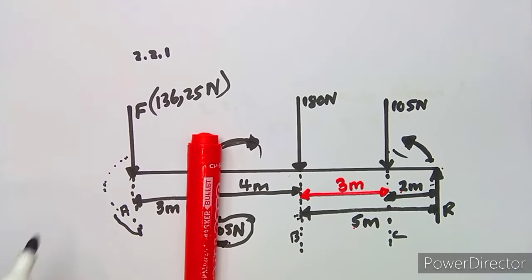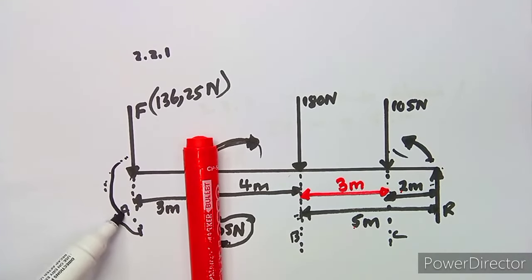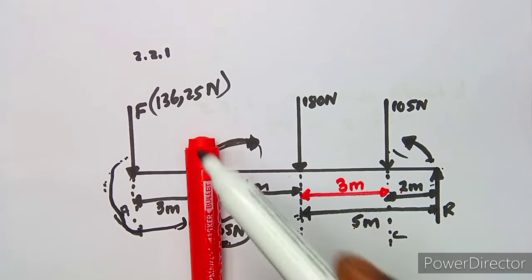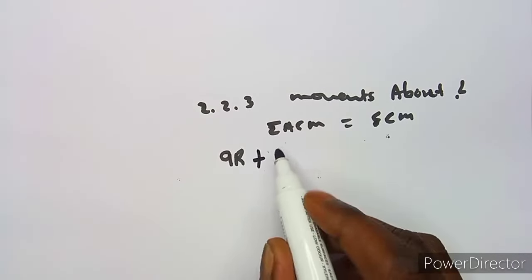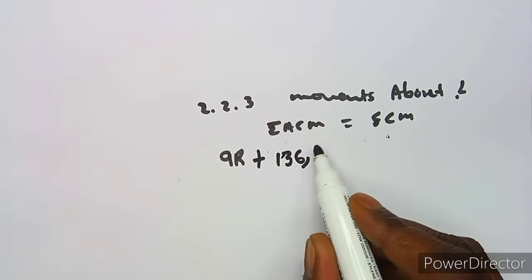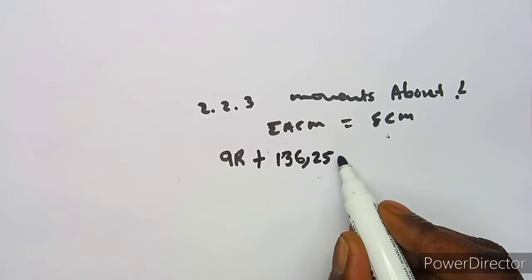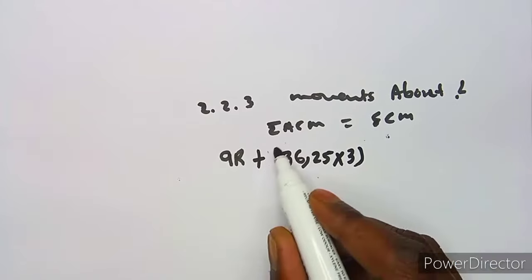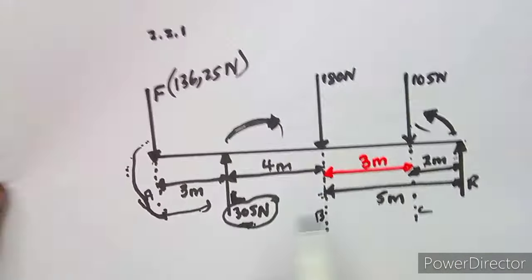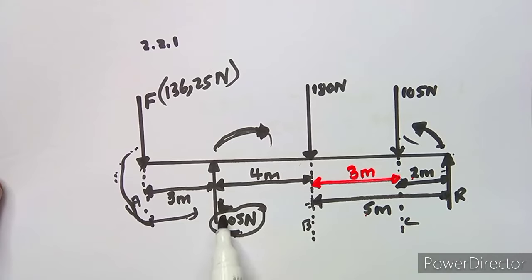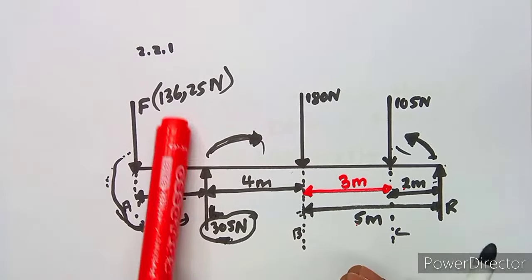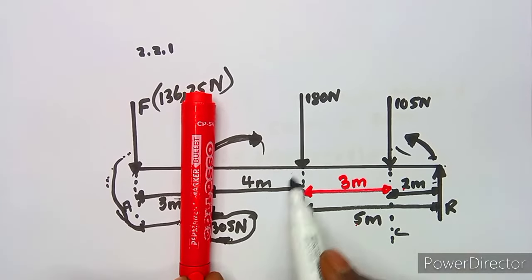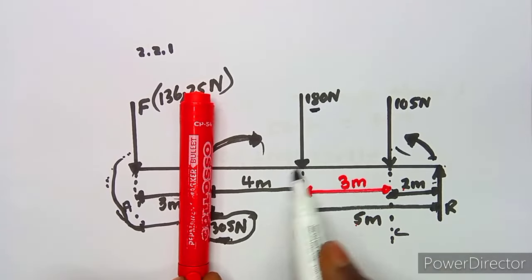So which means we still have this one which is moving in the anti-clockwise, which is 136.25 times 3. All right, so we shall add to the other one which is on the anti-clockwise, which is 136.25 times 3 back to R there, which is back to L, which is 3 meters. So now what is on the clockwise side, the ones that are moving in clockwise, we've got 180 times 4.